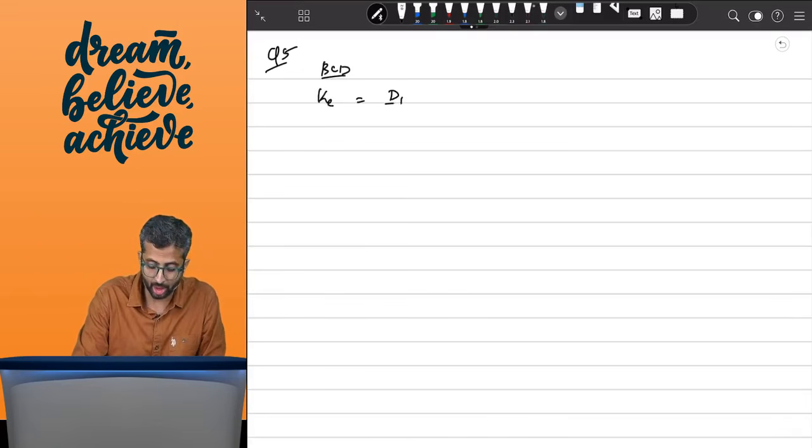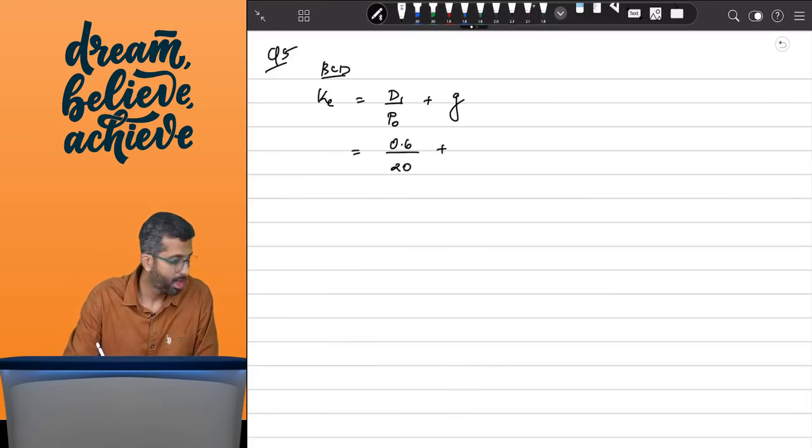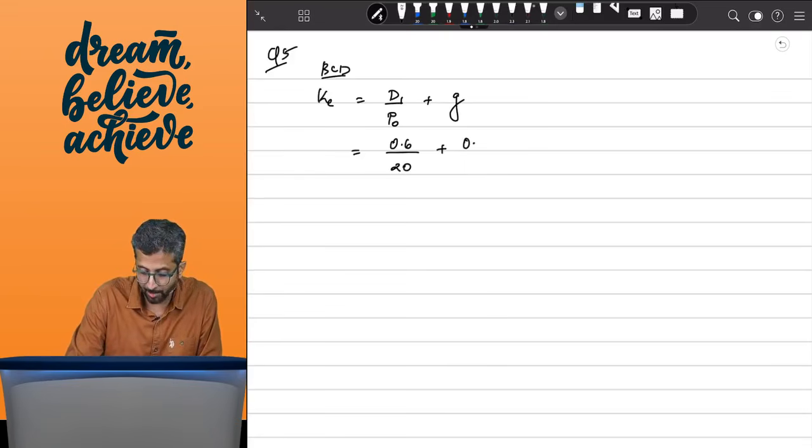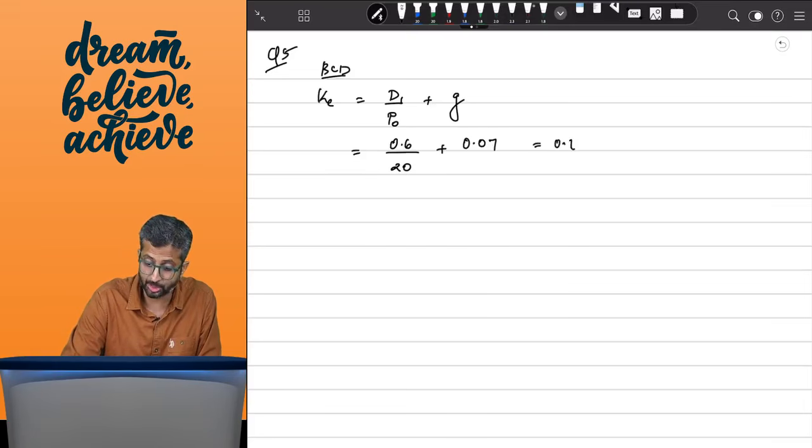So next best is Gordon: existing D1 by existing P0 plus the existing growth. D1 is 0.6 divided by P0, which is 20, the current price based on the current investor perception, plus growth, which is 0.07. So 0.6 by 20 is 0.03, and hence this comes to 10%.